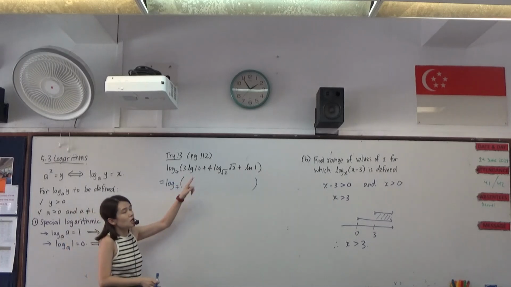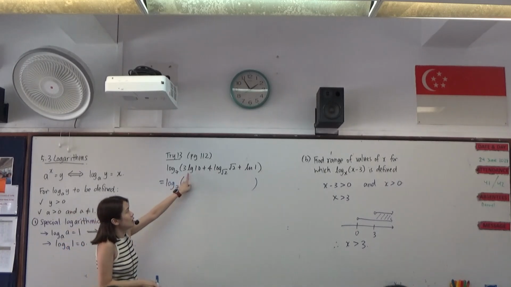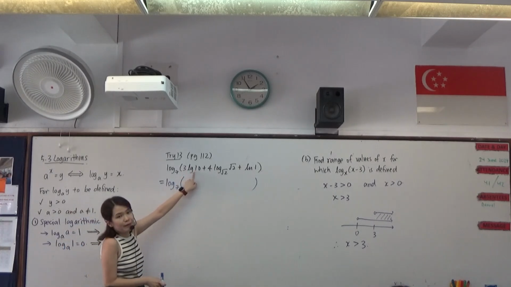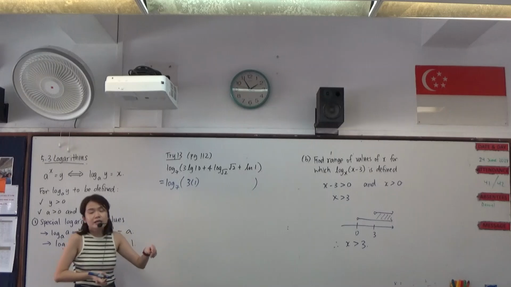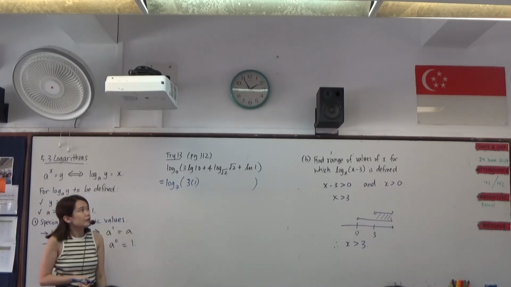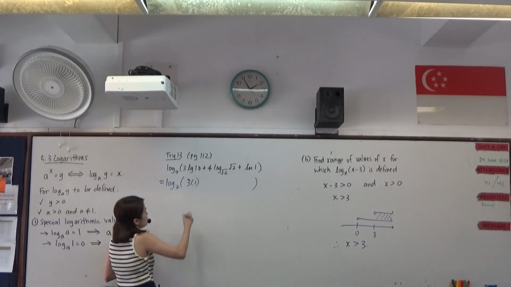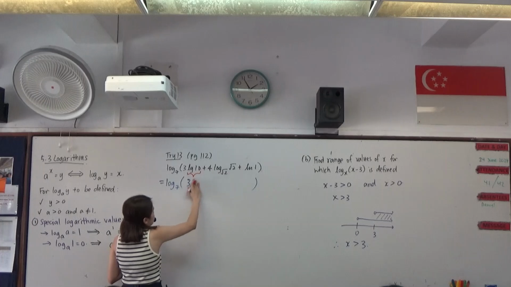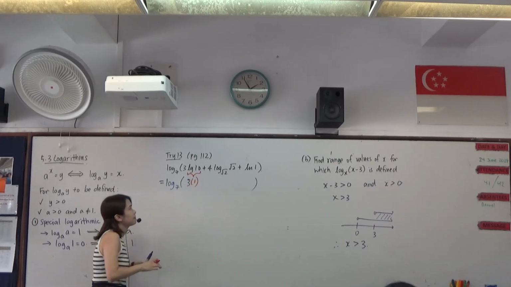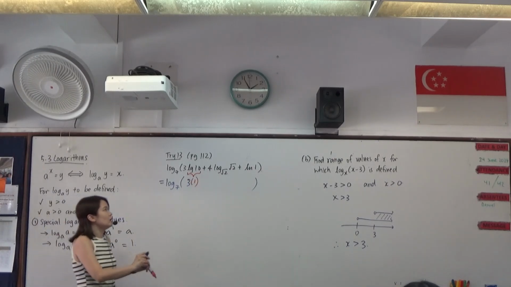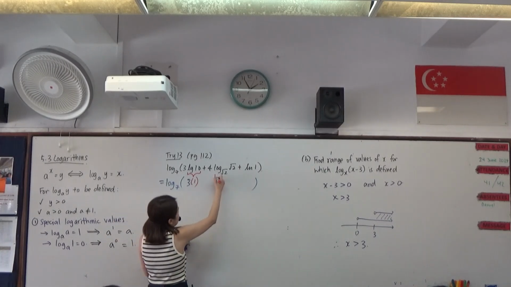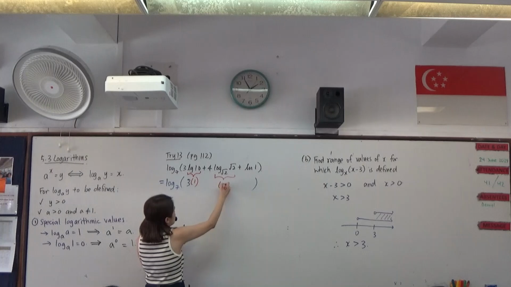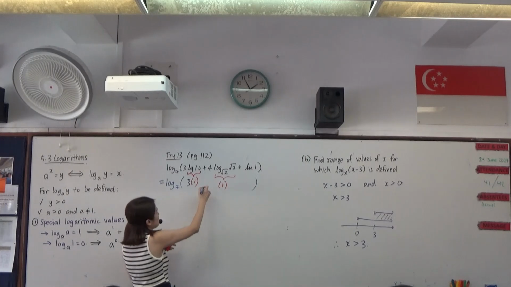3 log 10. This is your common log, so common log base 10. So actually this is log 10 base 10, and that is none other than just 1. So it's just 3 times 1. Your log 10 has the value of 1. And then your log square root 2 base square root 2 will also give you a value of 1 because of your special logarithmic values.